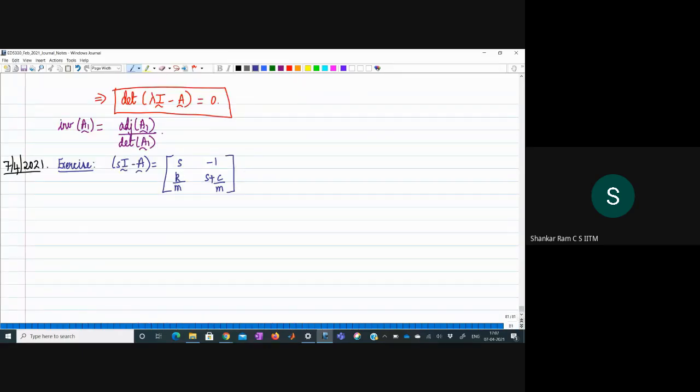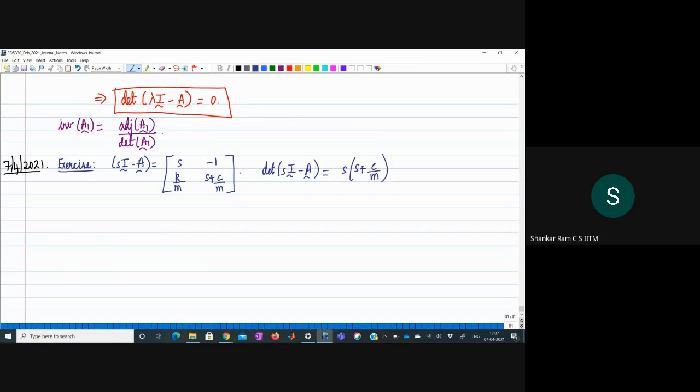As we know, to find the inverse of sI minus A, the inverse of a matrix is the adjoint of the matrix divided by its determinant. So if we evaluate the determinant of sI minus A, we get s times (s plus C by M).